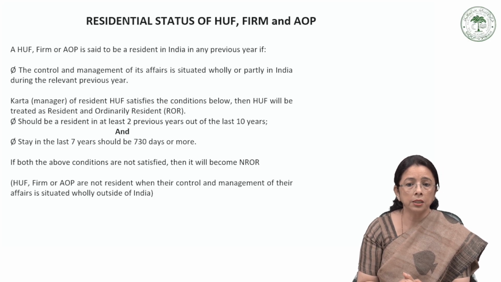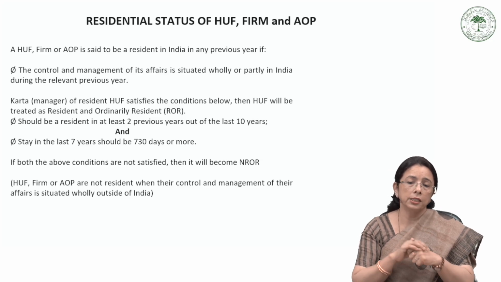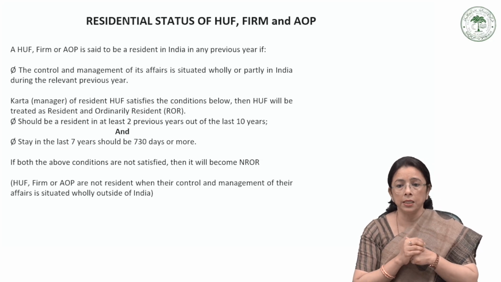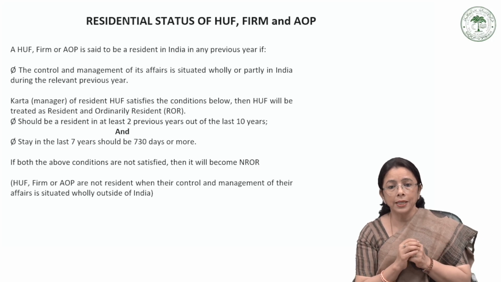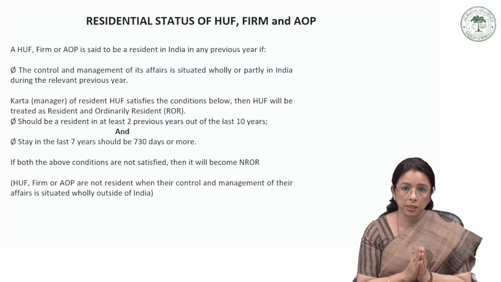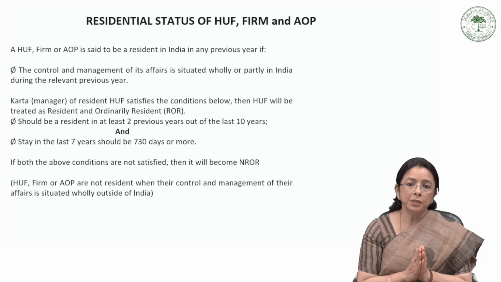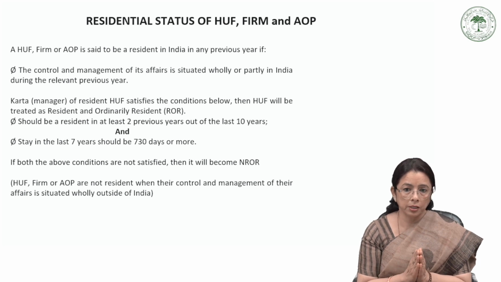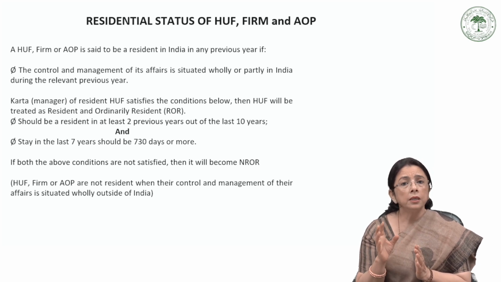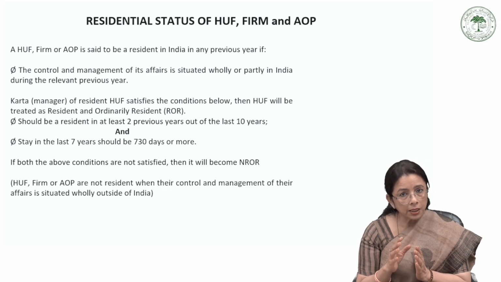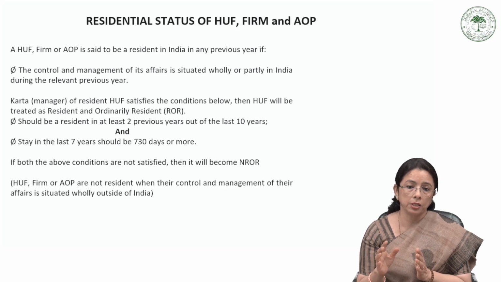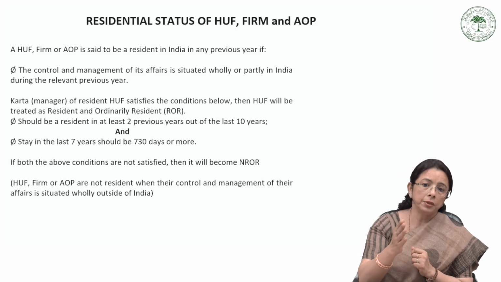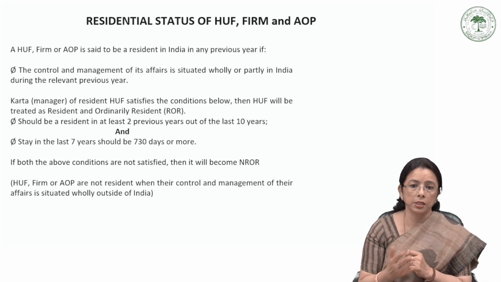The first condition is that the Karta has been a resident in India in at least 2 out of the 10 previous years immediately preceding the relevant previous year. The second is that the Karta has been in India for 730 days or more during the 7 previous years immediately preceding the relevant previous year.